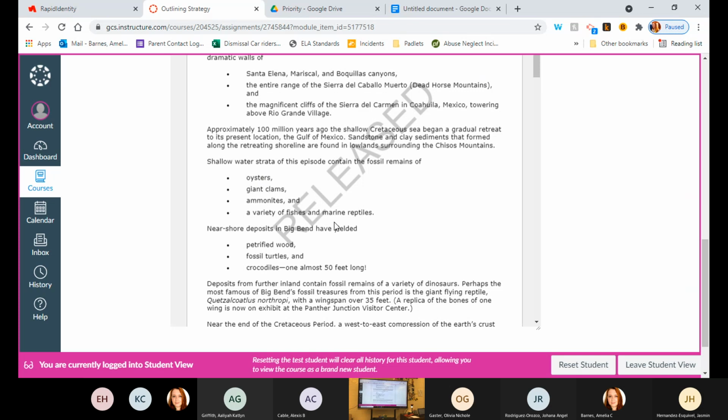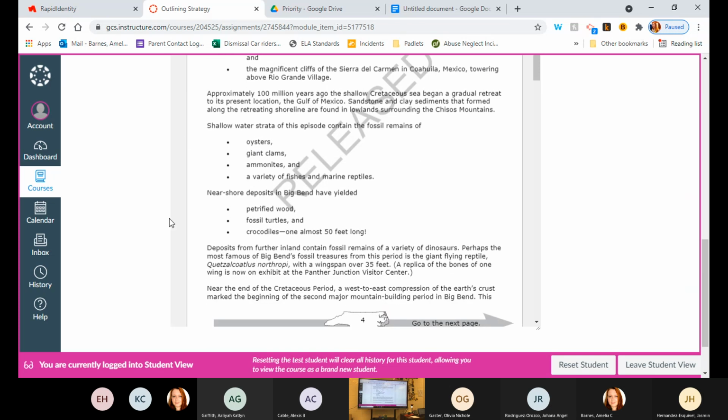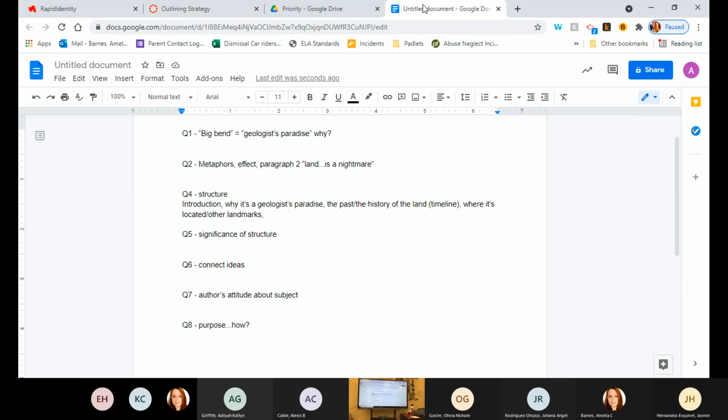The nearshore deposits have yielded, and so listing all of this stuff. So this section is all about what? Yeah, so fossils, right? Fossils found there.